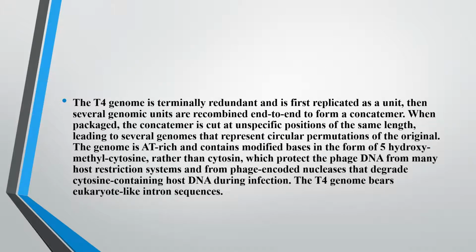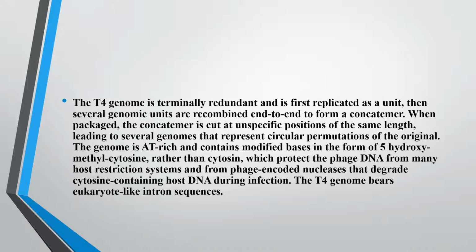The T4 genome is terminally redundant, and it is first replicated as a unit, then several genomic units are recombined end-to-end to form a concatemer. When packaged, the concatemer is cut at unspecific positions into pieces of the same length, leading to several genomes that represent circular permutations of the original one.